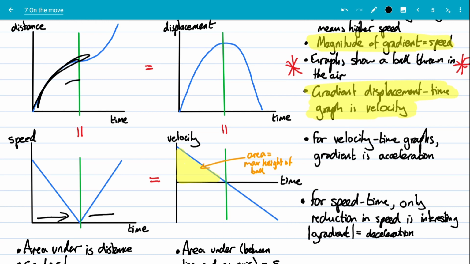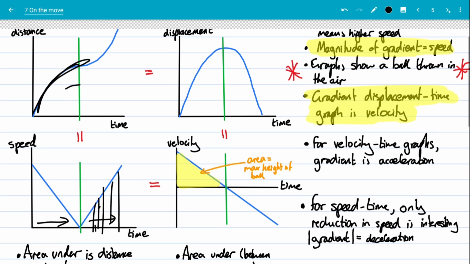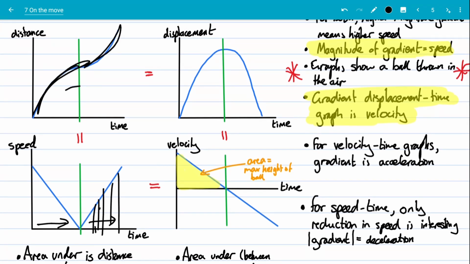And then as we carry on away from the green line, the amount of extra distance, the amount of area we add each time is getting bigger and bigger and bigger, which is why this curves that way. So it all works. It all makes sense. Let's just get rid of my arrows, my doodling. And there really isn't much more to say.